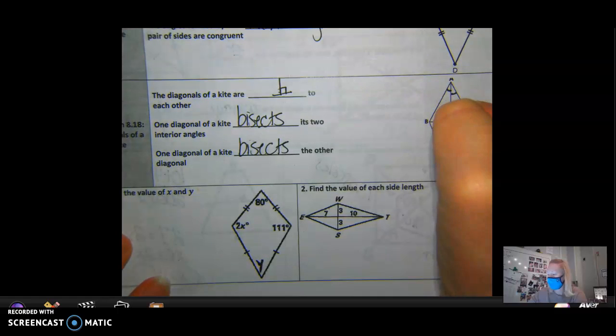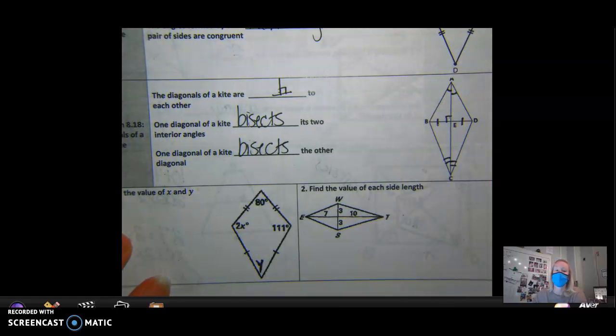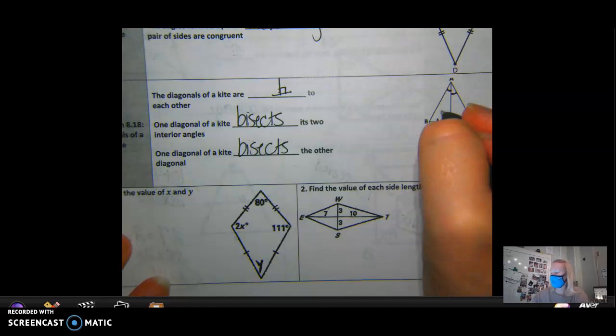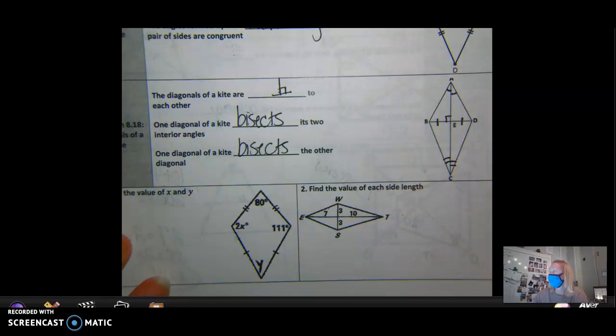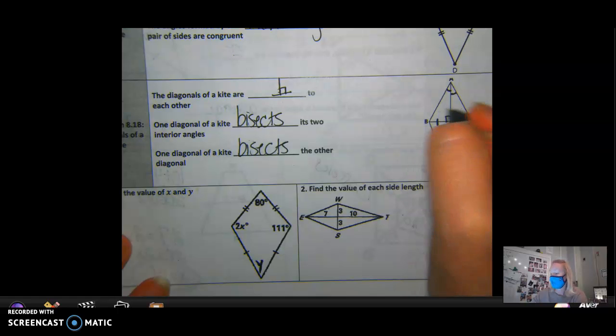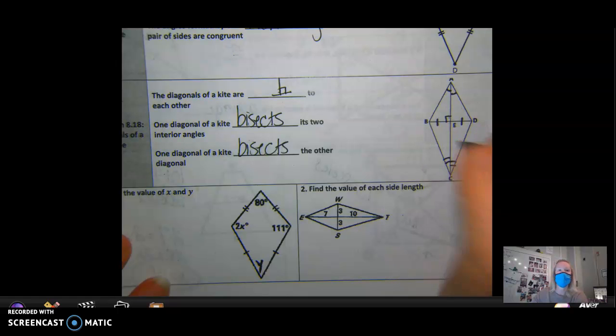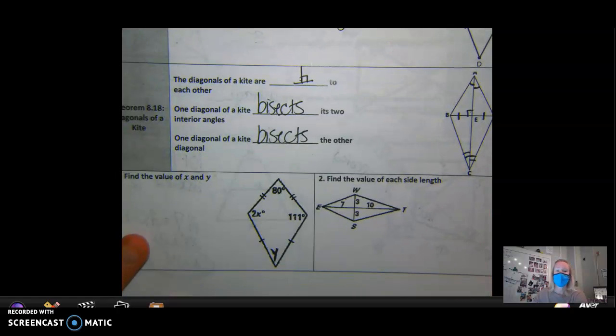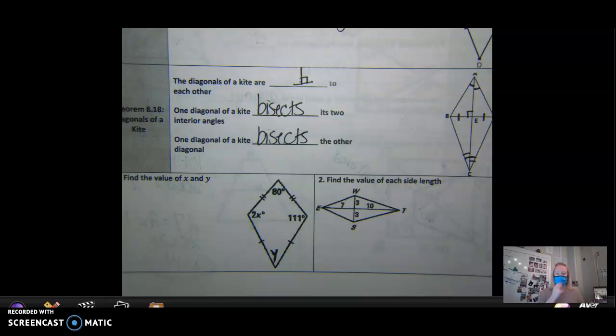So this piece is congruent to this piece. So what you've created is pairs of congruent right triangles. Do you guys see those pairs of congruent right triangles? These 2 are congruent right triangles. These 2 are congruent right triangles. Okay? Go ahead and do number 1 and number 2 down below.